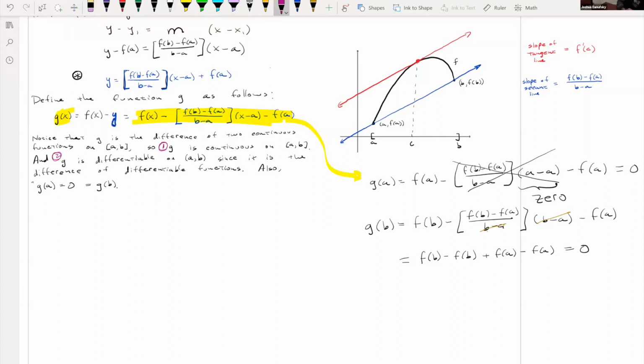And we have 3, g of the endpoints is the same. Hey, wait, aren't those the same 3 criteria we need for Rolle's theorem? So Rolle's theorem applies to g of x, right?